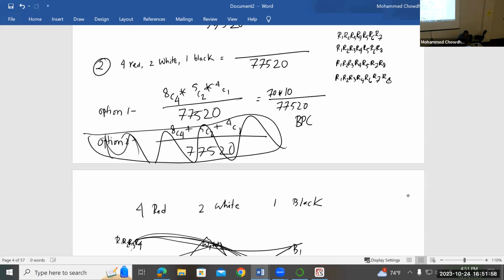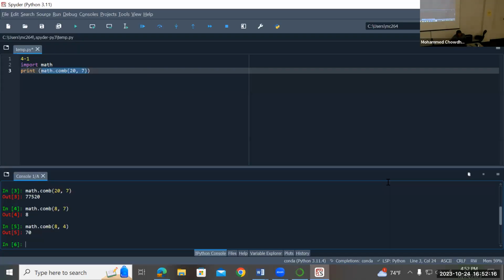Yeah, 5 choose 2 equals 10, and 4 choose 1 equals 4. So 70 times 10 times 4 is 2800. Then you will divide 2800 by 77520, and that will give us this.